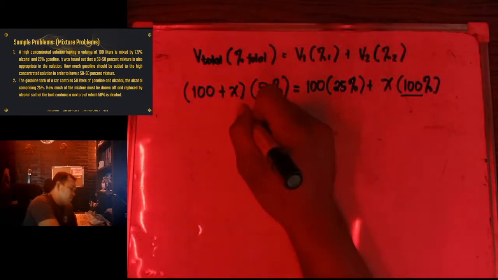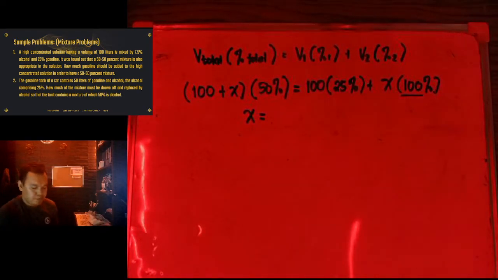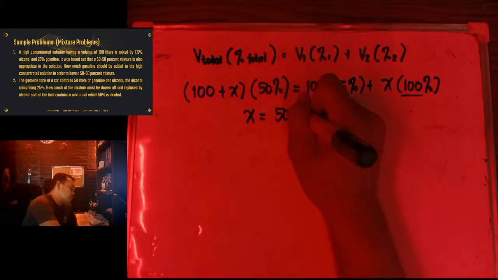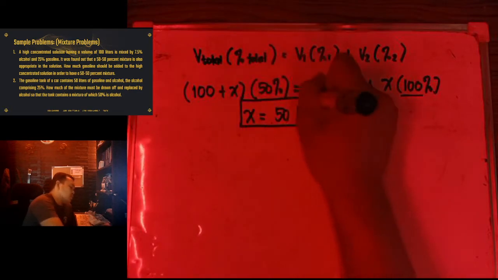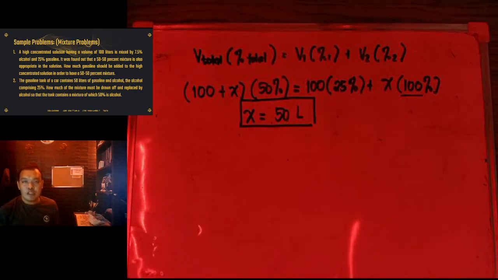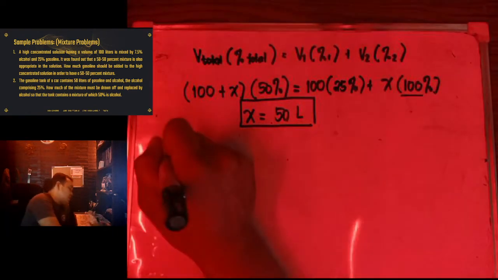Therefore, the volume will be added is equivalent kay 100 plus X multiplied by 0.5 is equivalent to 100 times 0.25 plus X times 1 equals 50 liters. So, you need to add 50 liters of gasoline with 100% concentration of gasoline para maging 50-50 yung solution natin. No? Okay, number 2 tayo.